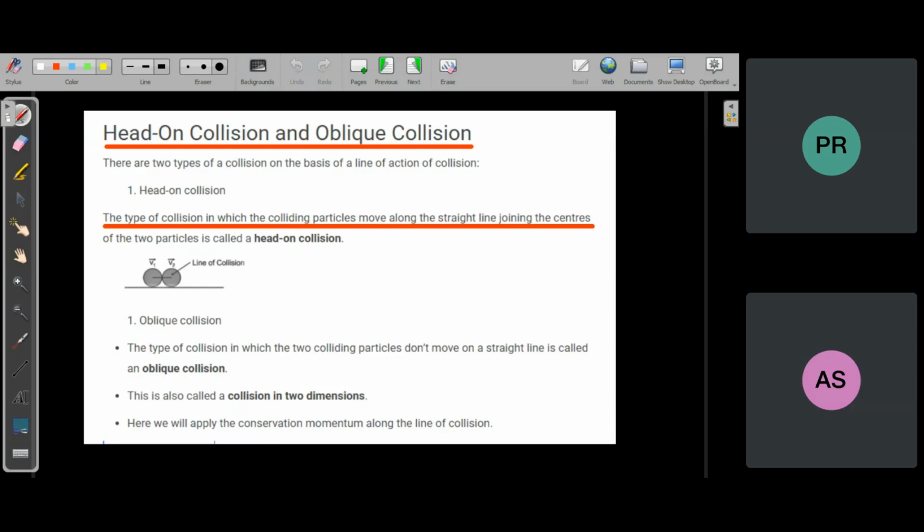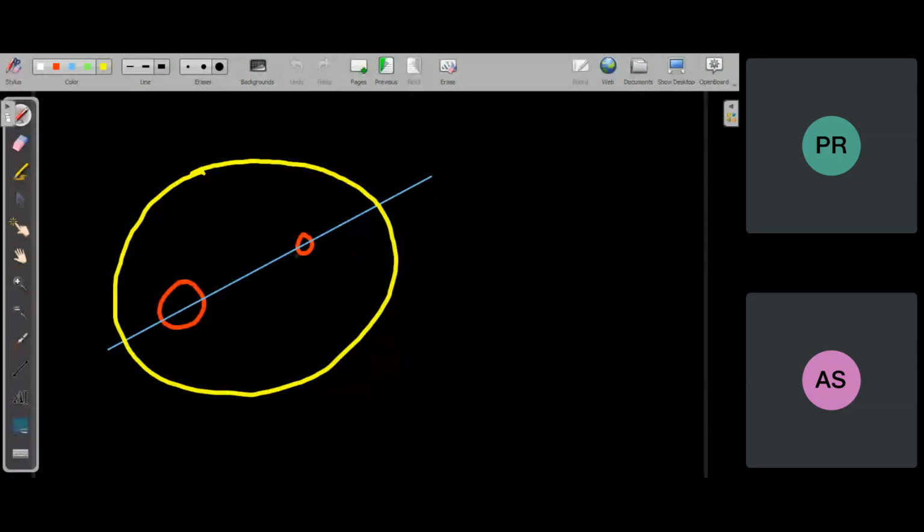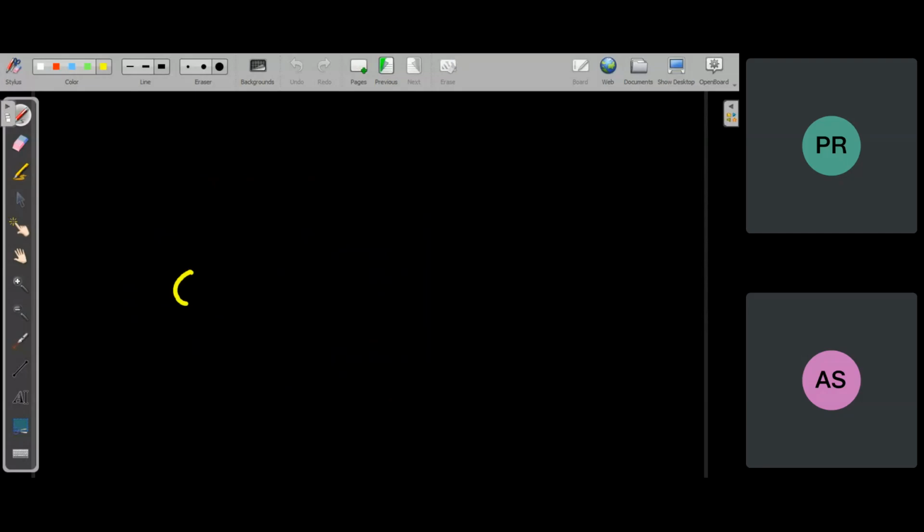Yes, but their initial velocity may not be along the line. For example, suppose this is the first particle and this is the second particle. The first particle is moving in this direction, the second particle is moving in this direction, and they collide at some point here.